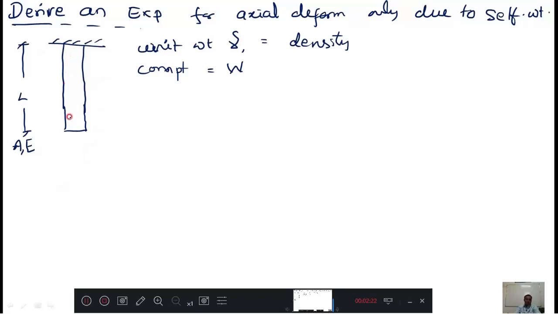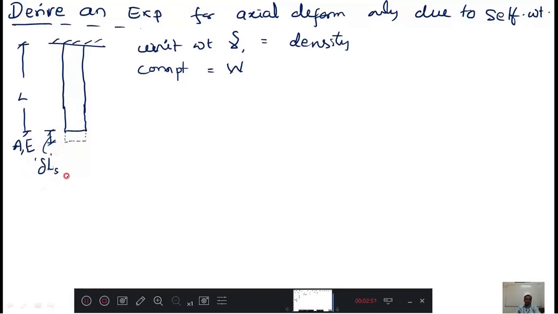Now when we hold this particular bar in this way, because of the self weight we will observe some elongation in the bar. That elongation we call delta L, but because this is an elongation due to self weight, we call it delta LS.